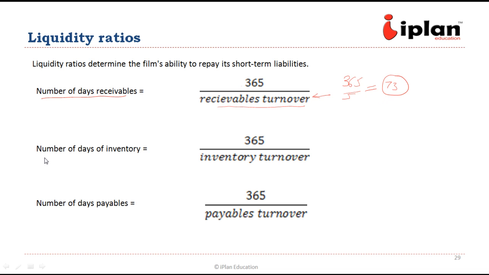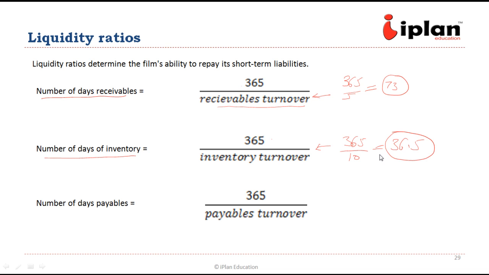Similarly, number of days of inventory is 365 divided by inventory turnover.